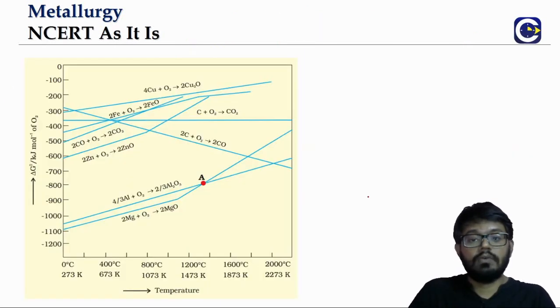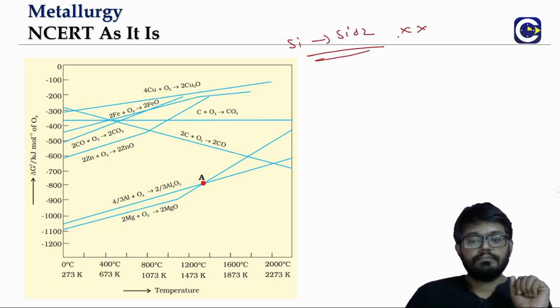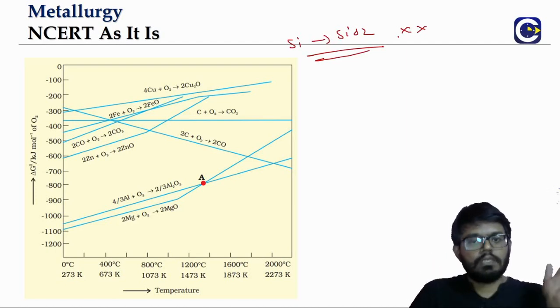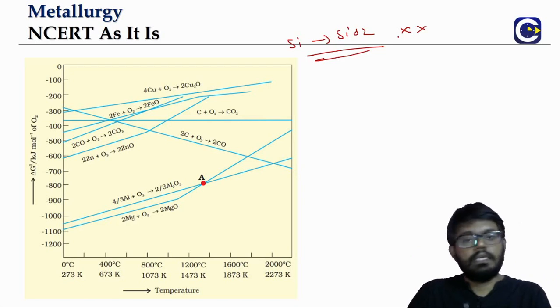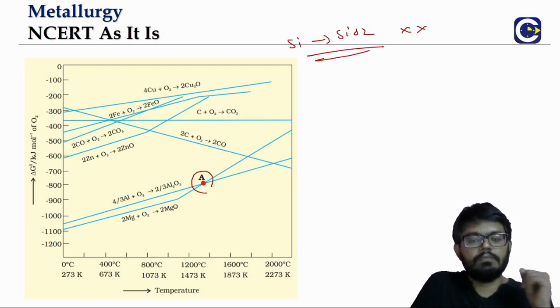I mean, this is a little bit beyond the scope of the Ellingham diagram that is given in NCERT, because if you look at the NCERT, there is no mention of the SiO2 curve. That is not being mentioned. Okay, but the idea is, whenever you have the crossover, below the crossover temperature, we can have one element acting as a reducing agent. Above the crossover, we can have the other element acting as a reducing agent. Like what we have seen in the classic example, magnesium and aluminum.